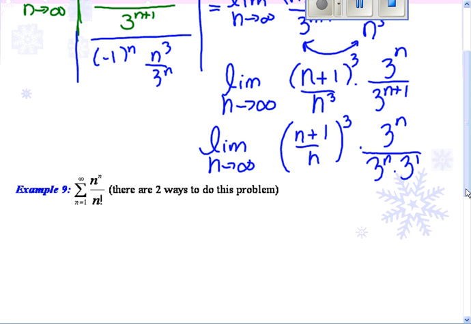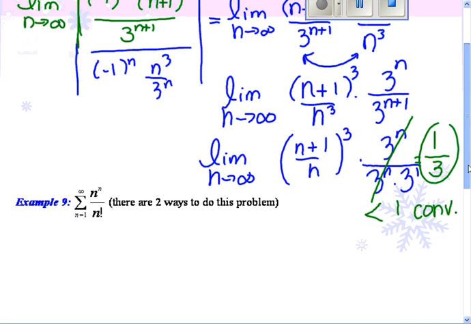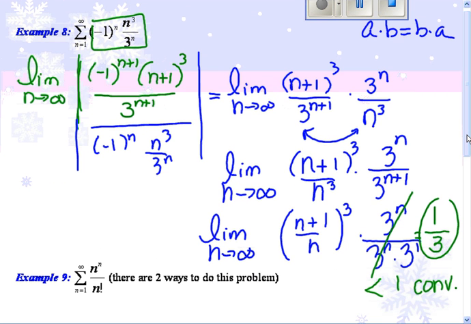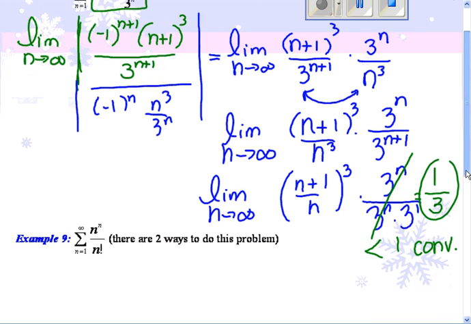You add the exponents, n plus 1, to get n plus 1. So this is going to cancel. And this is, you said that's 1. And so this is 1 over 3. 1/3, which is less than 1, so it converges. Yeah, but when we skip the first step that I just did over here, and just go right to that, it's a lot easier. Then it's not so bad. But usually you like this, it's highly symbolic.